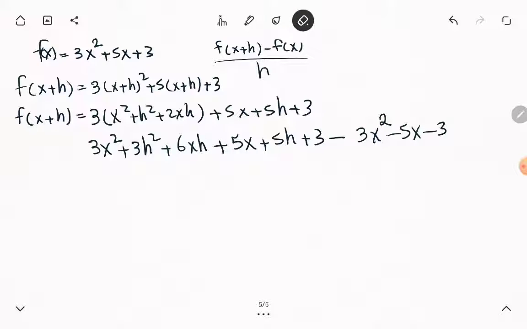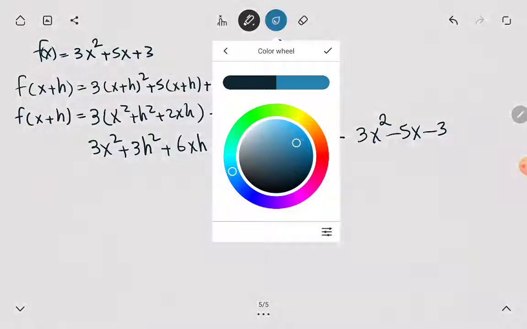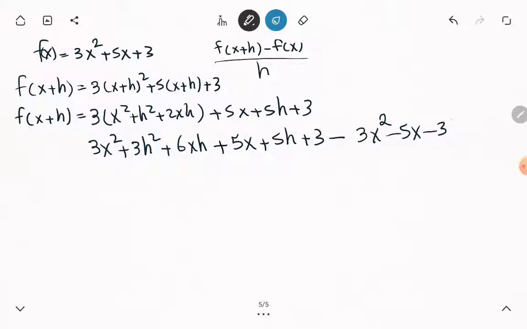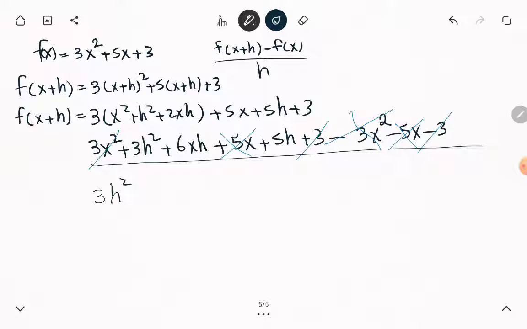Very good. Now you can easily cancel negative 3 and positive 3, 3x squared and negative 3x squared, and positive 5x and negative 5x, and you'll end up with 3h squared. Oh, I forgot to put, because this is the numerator, your denominator in the difference quotient is h.